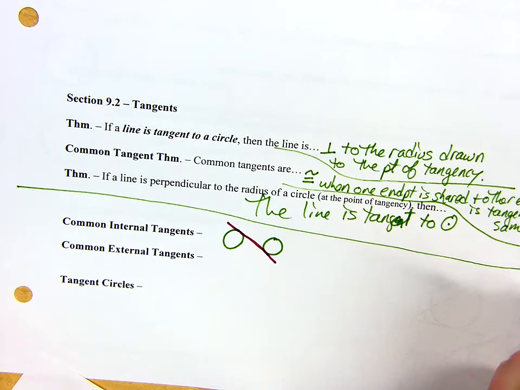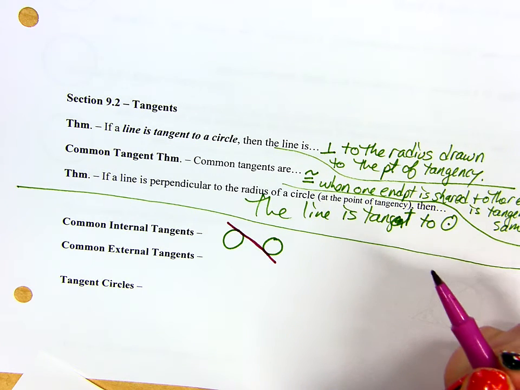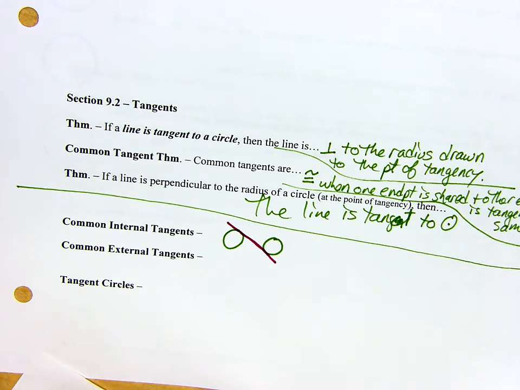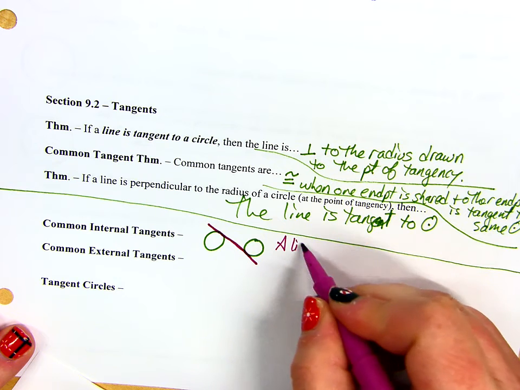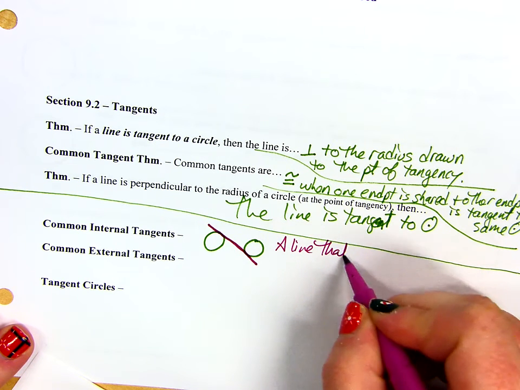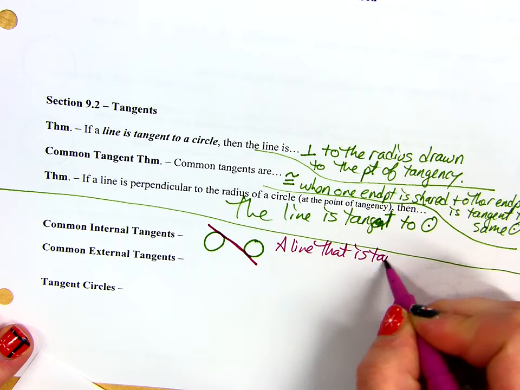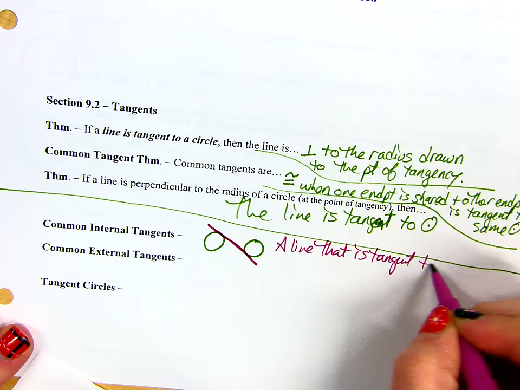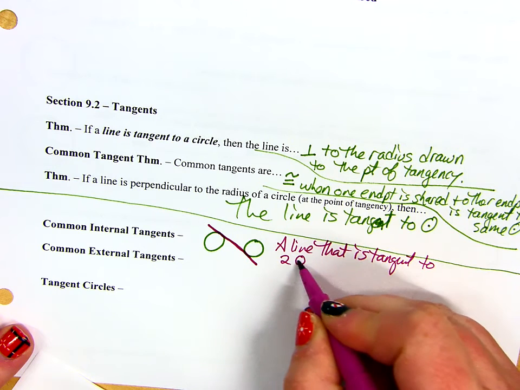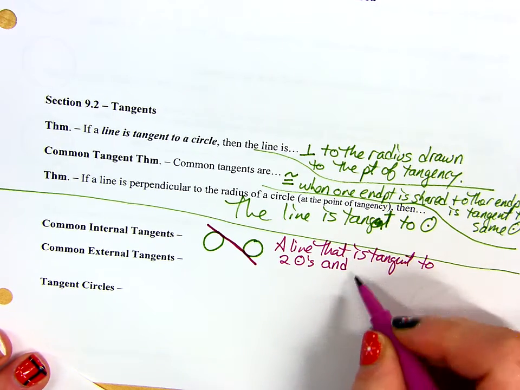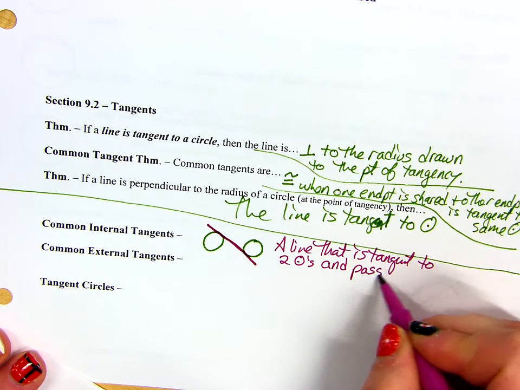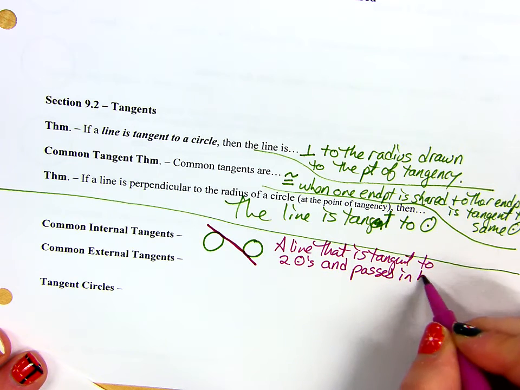So that pink line would be referred to as a common internal tangent. So in words, we could say a line that is tangent to two circles and passes in between them.